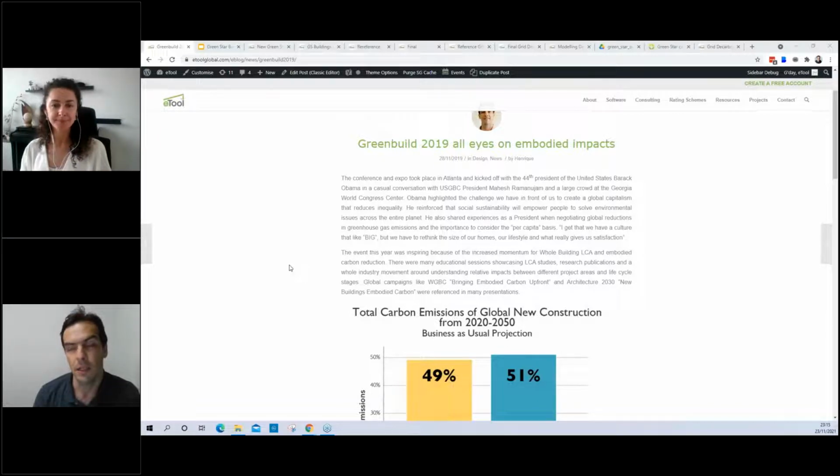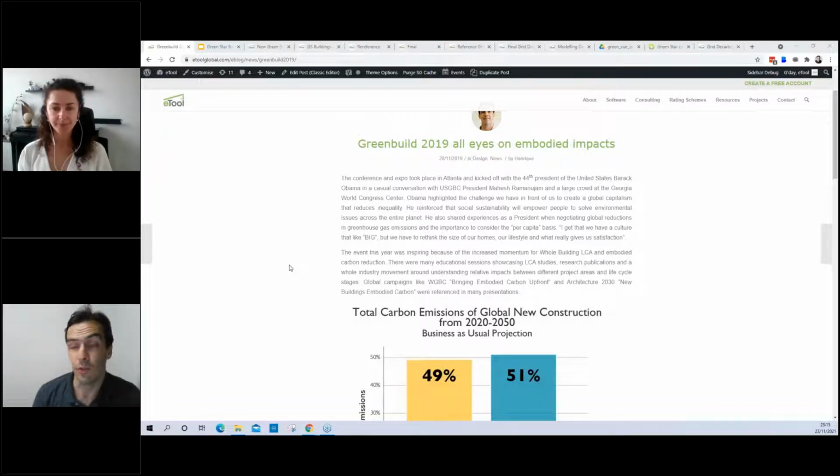You all know we've been on the front line of this for a long time at eTool. We always highlighted the importance of embodied carbon and whole of life carbon. And since 2019, when I went to this conference, I was like, okay, now this is happening. Everyone is paying more attention to this, and we're going to drive change rapidly.